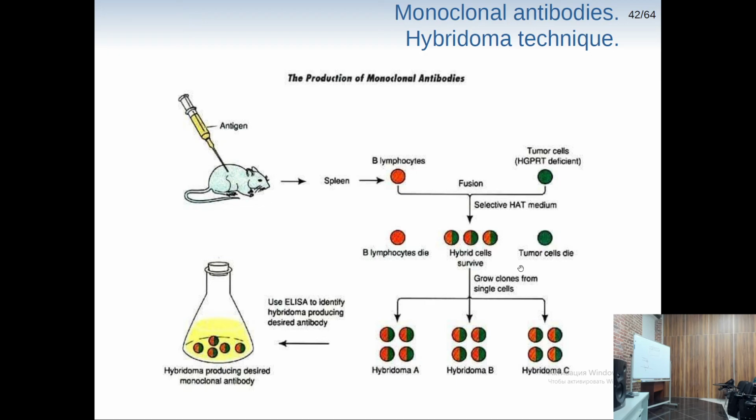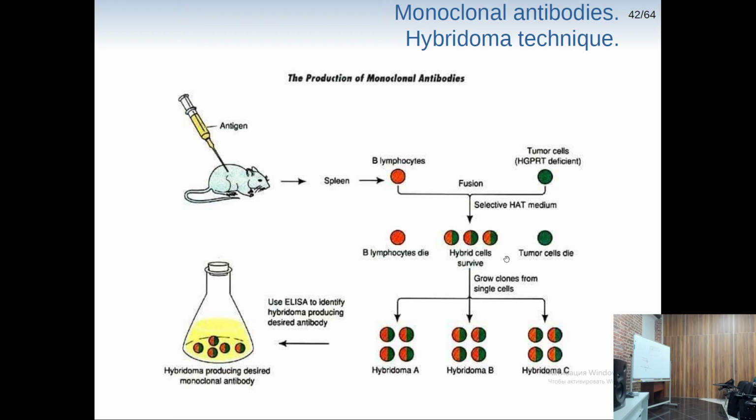And we can make those cells immortal by fusing them with some cancer cells which have some deficiency, so it is not possible for them to grow on some medium. And then we can use chemicals which make the lymphocytes which weren't fused die, and those cells which do not fuse with our lymphocyte also die. So it's just a selective medium.